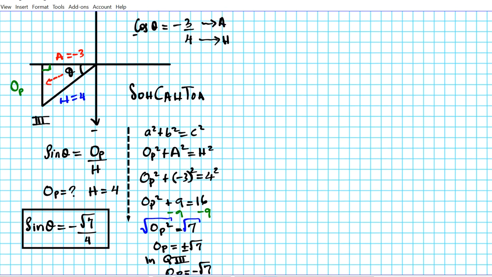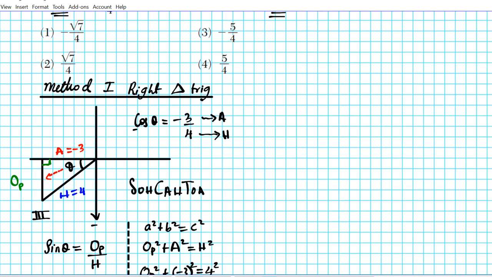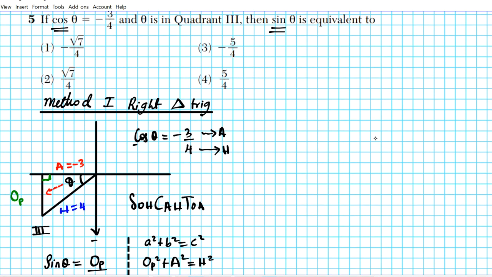So our answer is option number 1. Okay, so that's method 1, using right triangle trig. Now there's another method that we can use to solve the same problem.